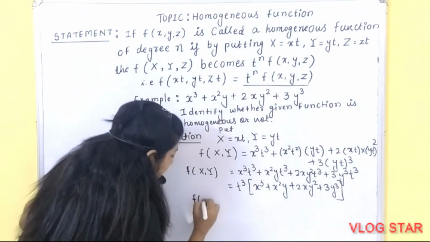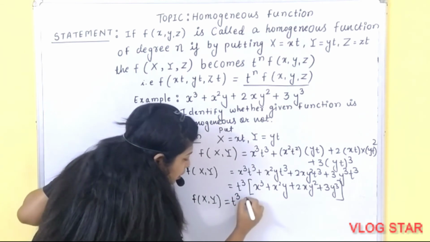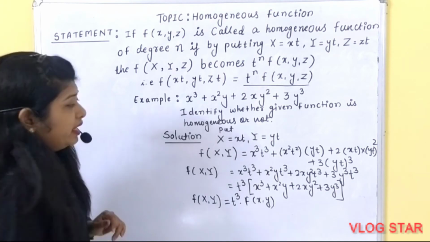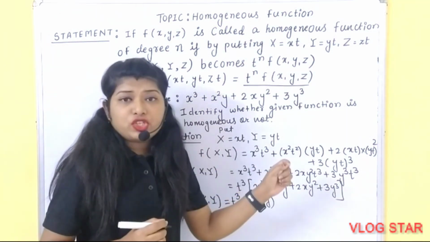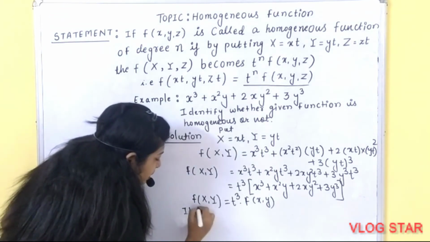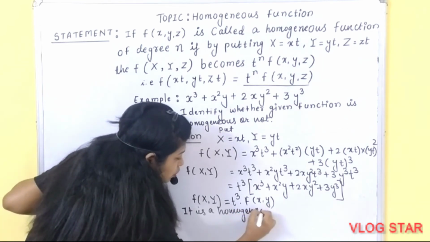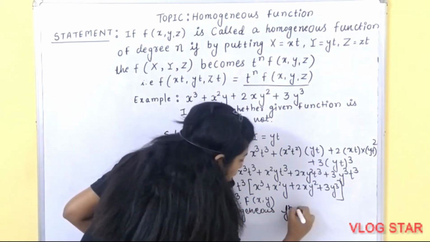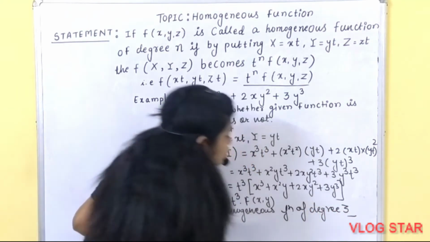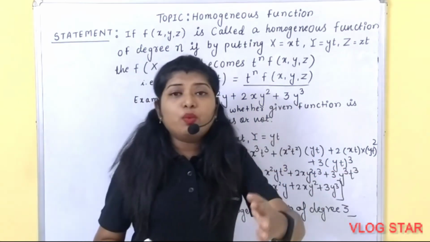So here f of x comma y equals t cube f of small x comma y, which means it is a homogeneous function of degree 3. So simply you need to write down one statement: it is a homogeneous function of degree 3.